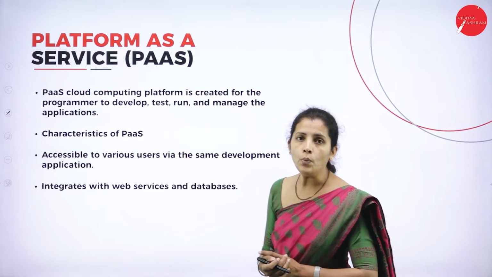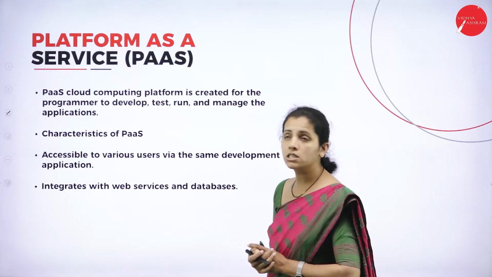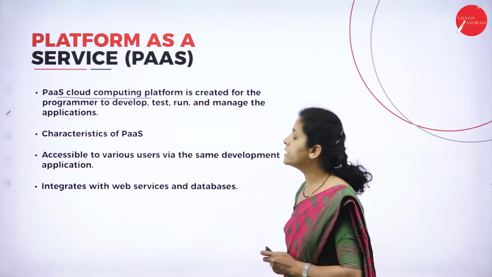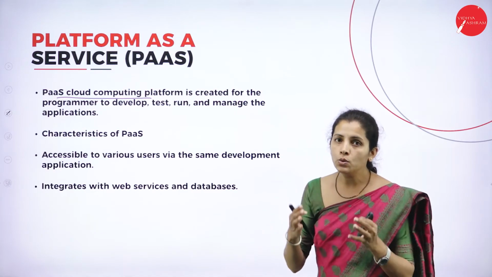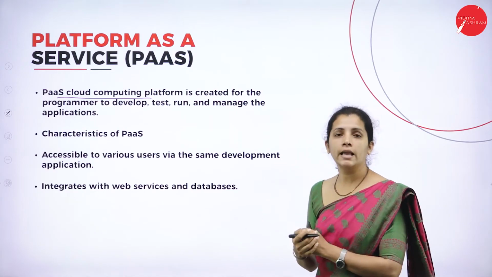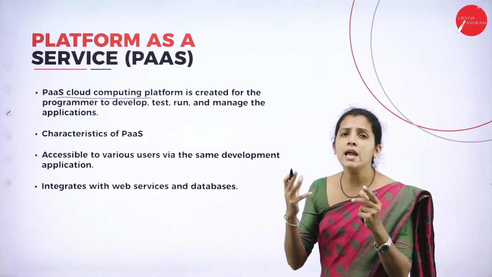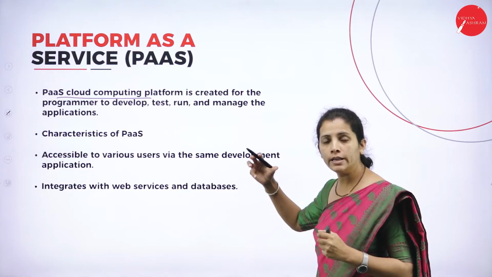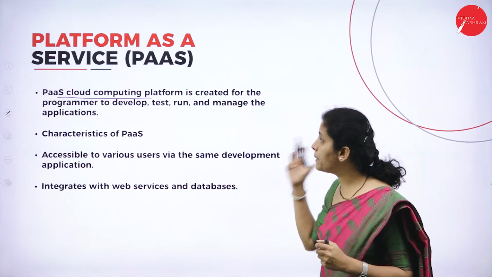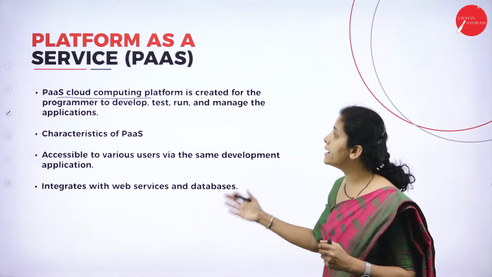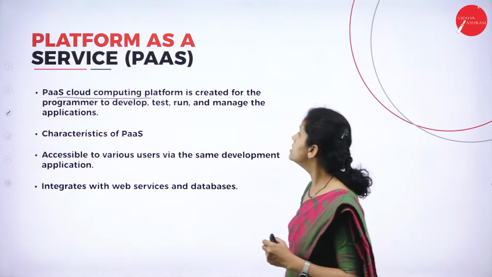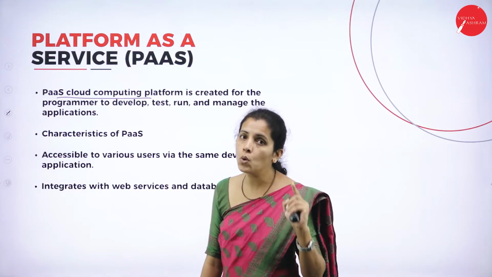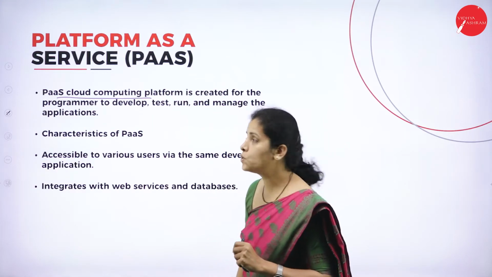Now, if I go with platform as a service, PaaS, a cloud computing platform is created. That means by using cloud computing, I can get the same working platform. So what am I going to get? I'm going to get the actual working platform, and that is done by using platform as a service, so that users can develop their own applications as well as programs.